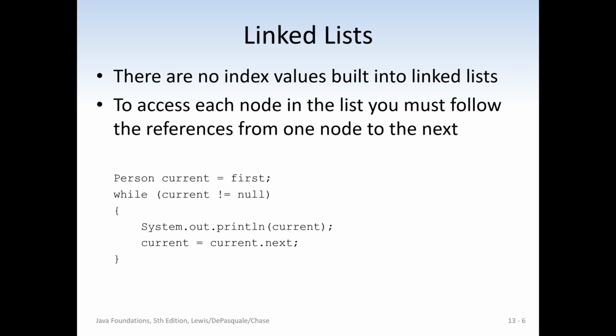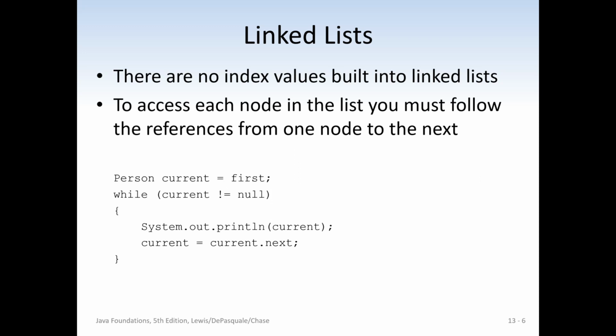So here's a little piece of code. We have a person reference called current, which we set equal to the first, which is the front, basically the head of the list. And then we say while current not equal to null. Remember, the terminator of our list is that null reference at the end.